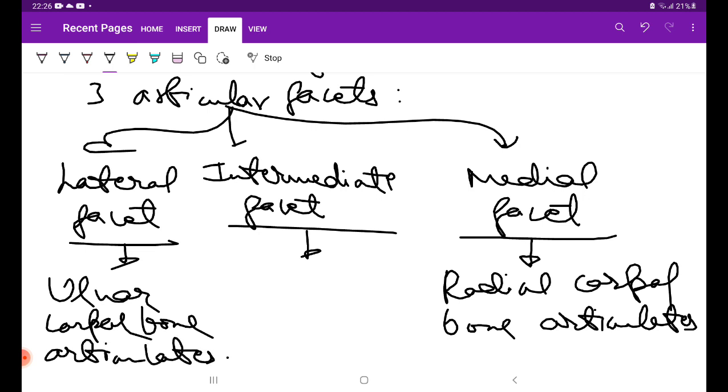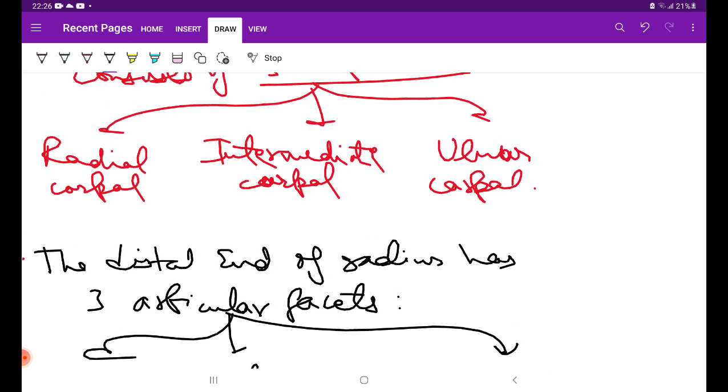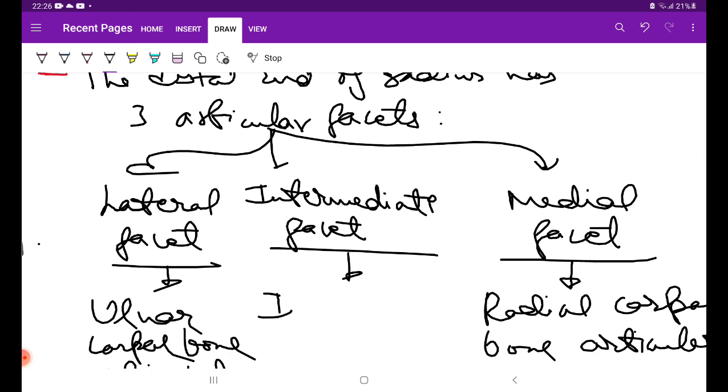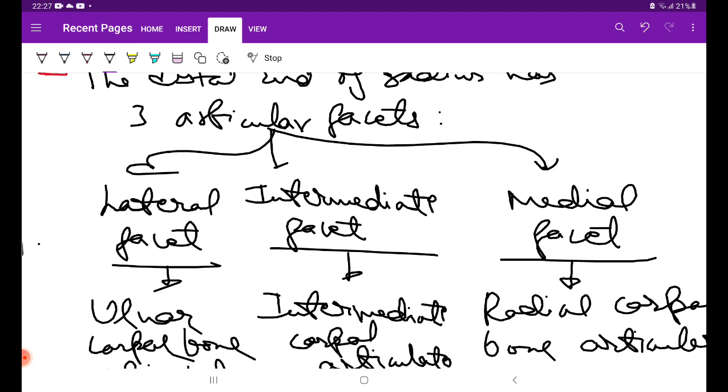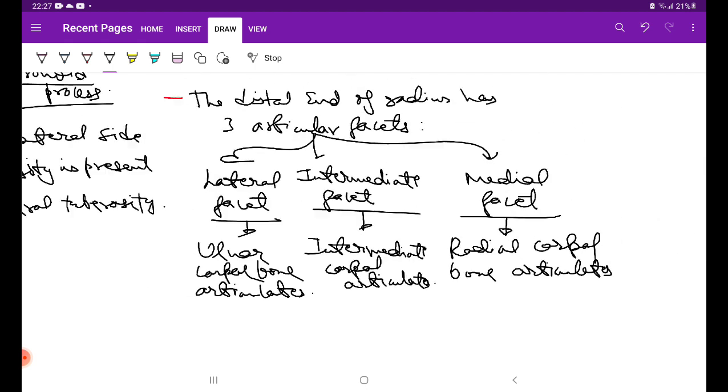And to the intermediate facet, the intermediate carpal articulates.